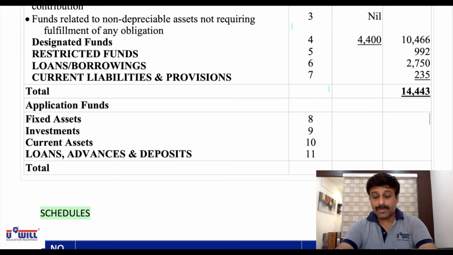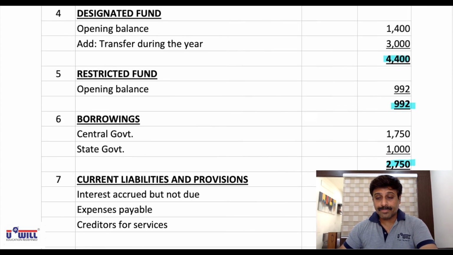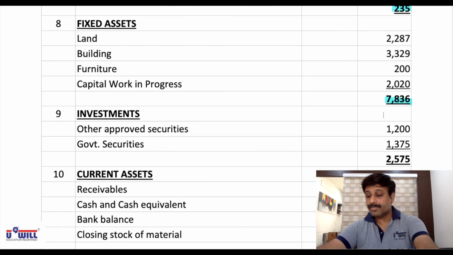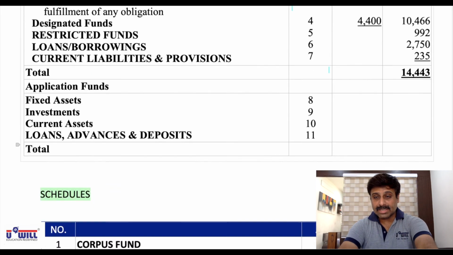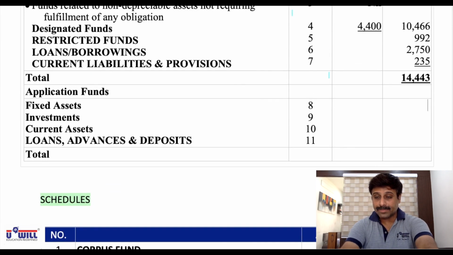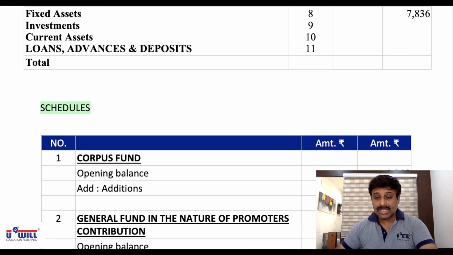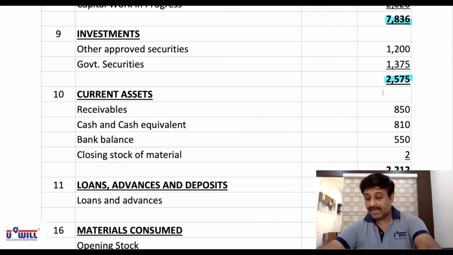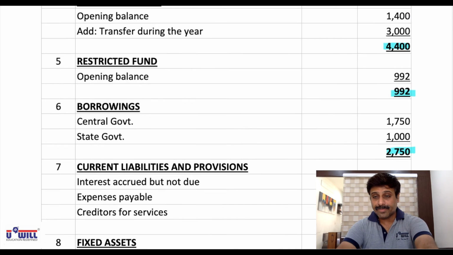Then application of funds, fixed assets. In fixed assets we have 7836. Then investments we have in schedule 9, that is 2575.